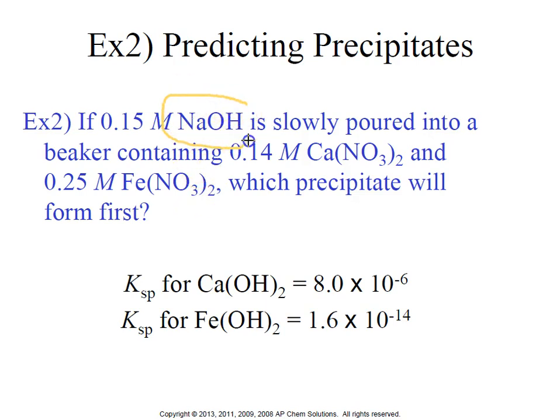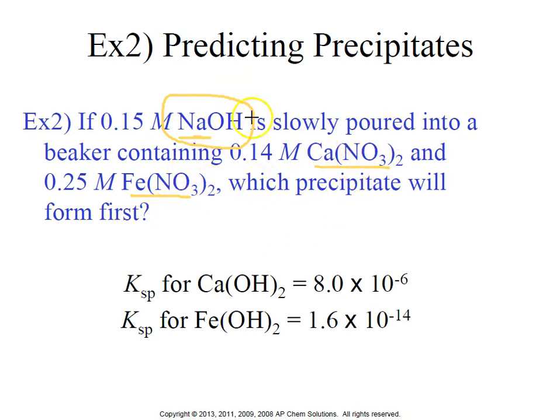We've got sodium hydroxide, which is always soluble. If you remember from our solubility rules, sodium is in group 1, so this compound is always soluble. We have a beaker with 2 other compounds in it, calcium nitrate and iron nitrate, which are both always soluble because of the nitrates.